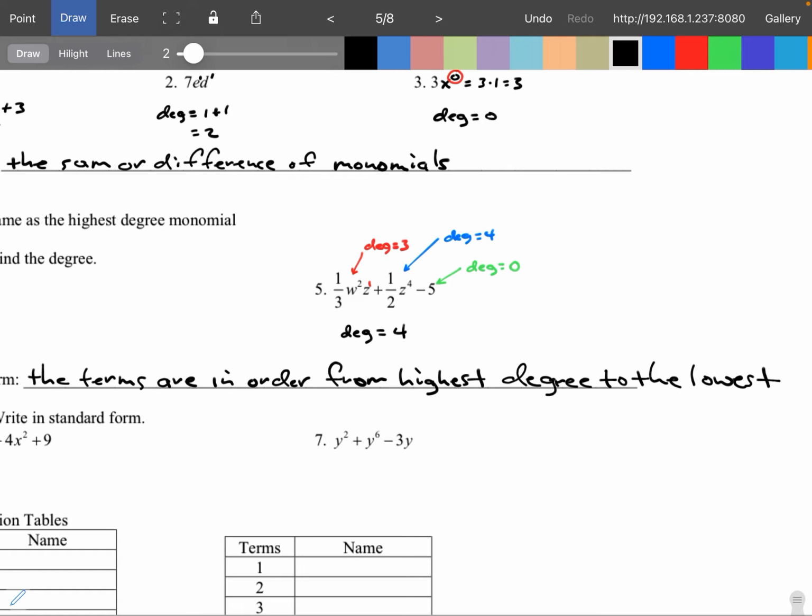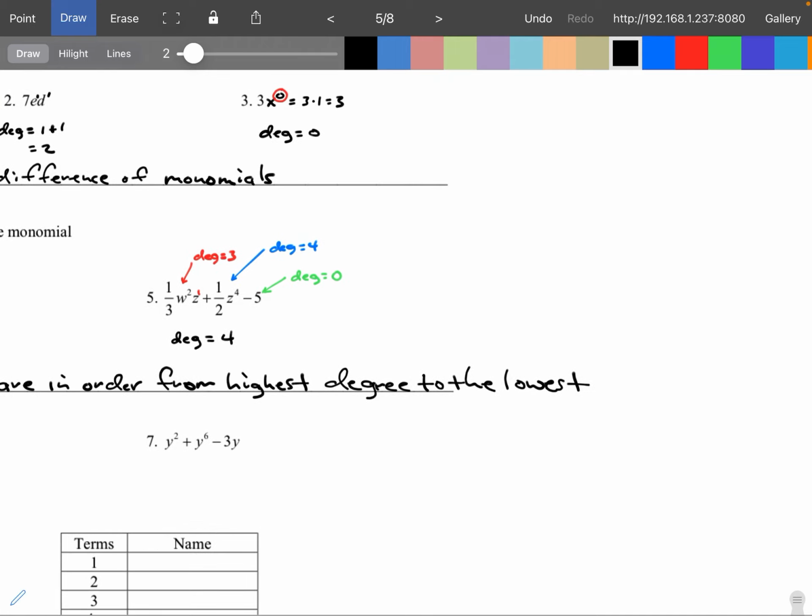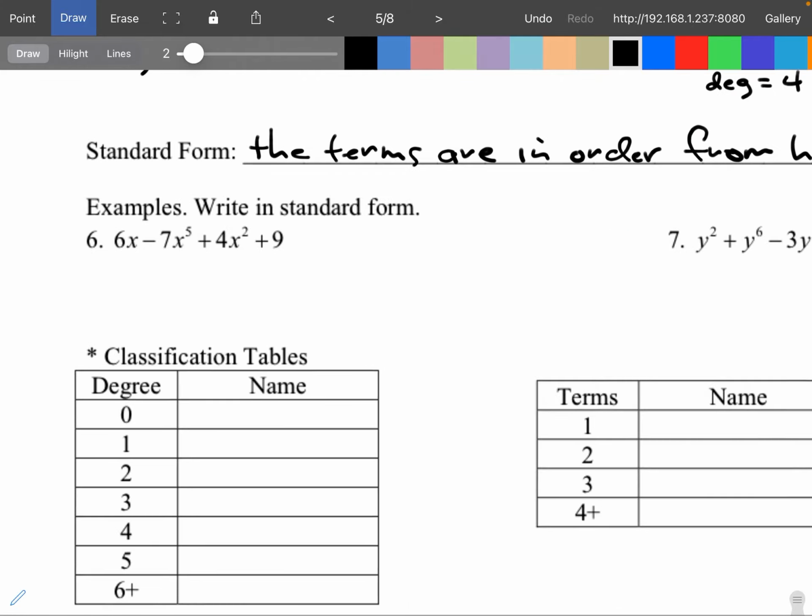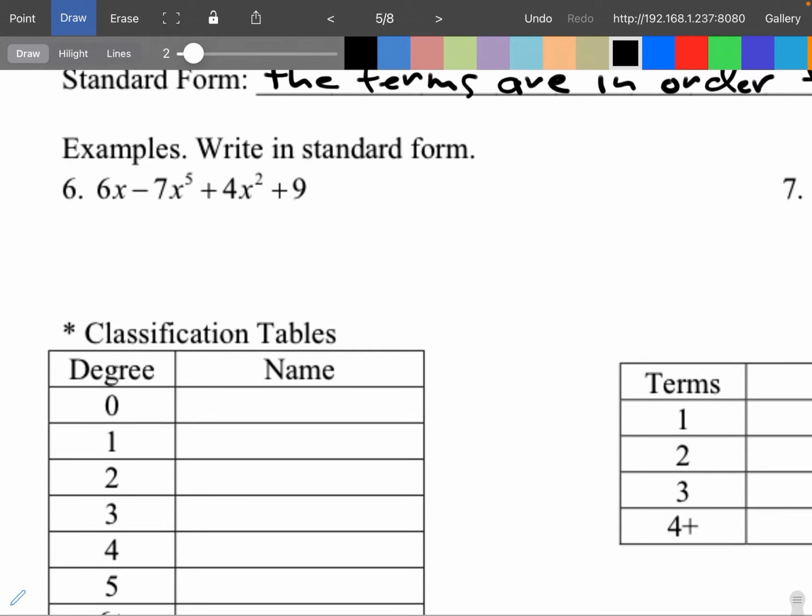All right, so that one says the terms are in order from highest degree to the lowest. I guess I could say lowest degree.